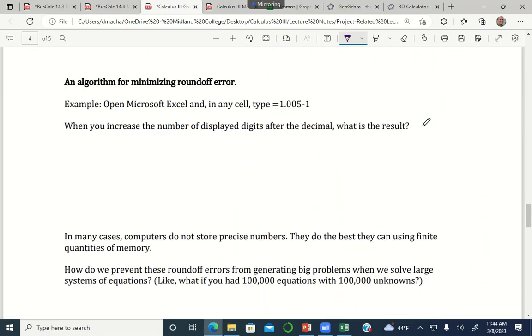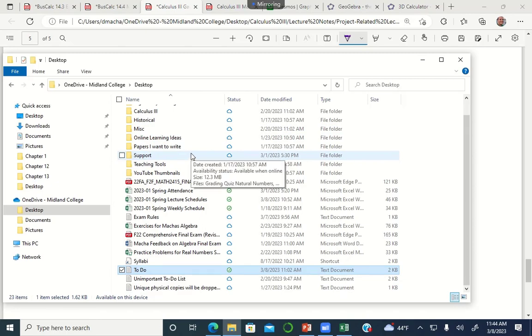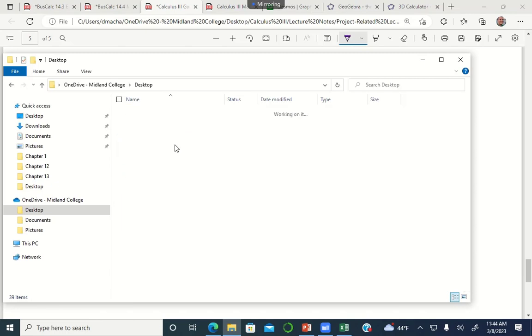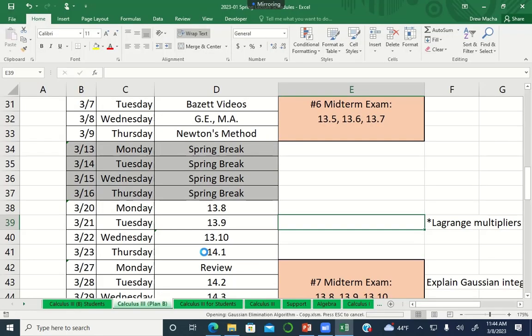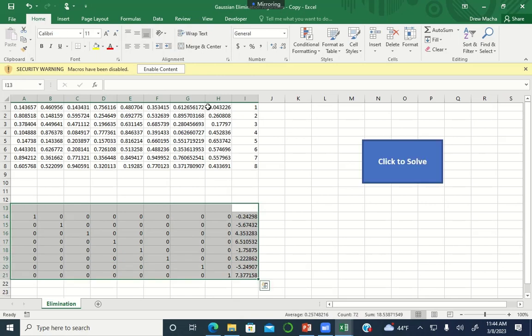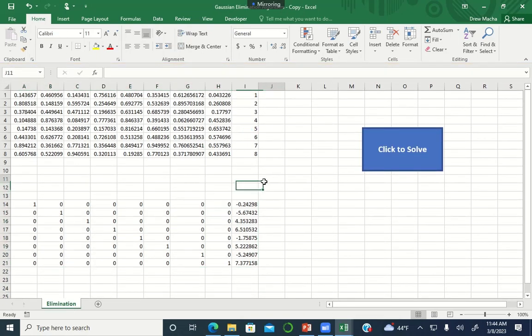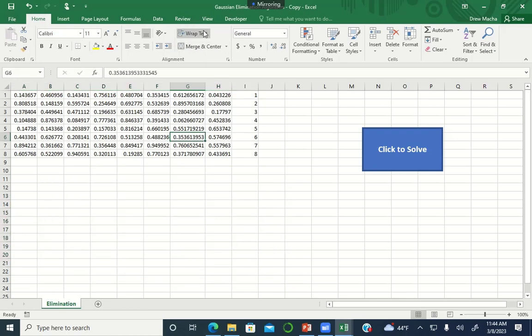Okay, so let me show you if I can find it. What I have is a little code that I wrote in Microsoft Excel. If you didn't know, you can code in Excel.